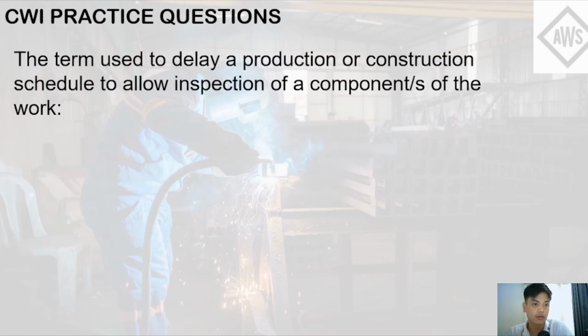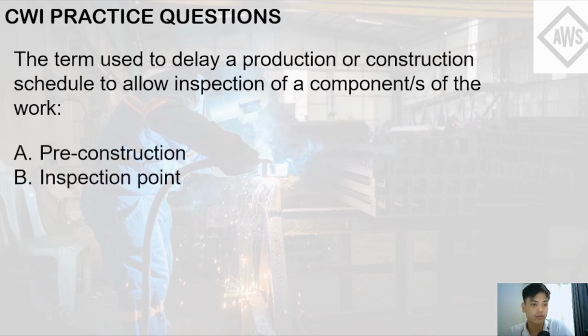Next question. The term used to delay a production or construction schedule to allow inspection of a component or components of the work. This term is indicated in the inspection test plan. Letter A, pre-construction, B, inspection point, C, witness, D, hold point. Letter A doesn't make any sense.